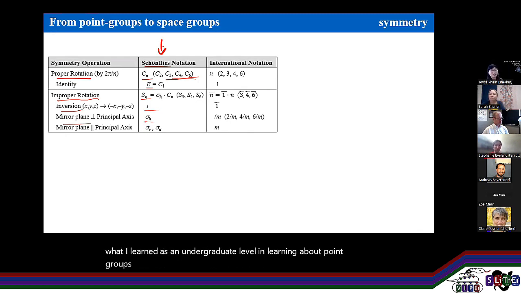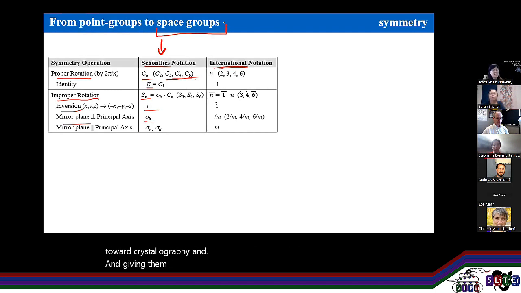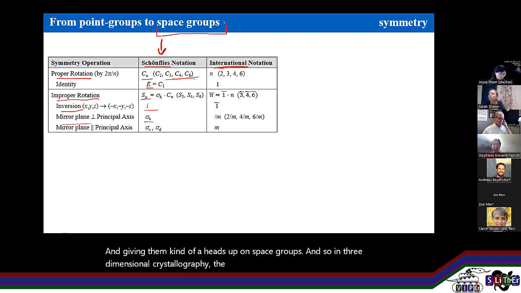Now, we just naturally tell our students this one notation is the Schoenflies notation, but there's the other notation, the international notation, or the Hermann-Mauguin notation. We're naturally moving them toward crystallography and giving them kind of a heads up on space groups. And so in 3-dimensional crystallography, the allowed rotations are 2-fold, 3-fold, 4-fold, and 6-fold.